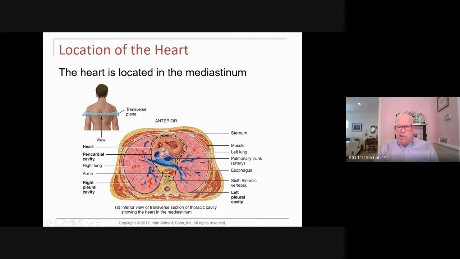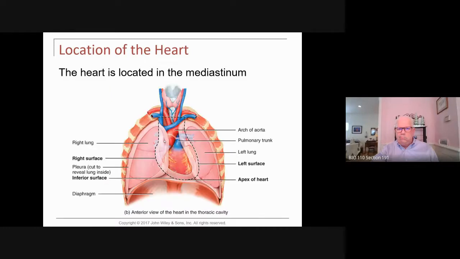But here it is, the middle mediastinum. It's flanked by both lungs, the right and the left, and superior to the heart are the great vessels, which we'll talk about.